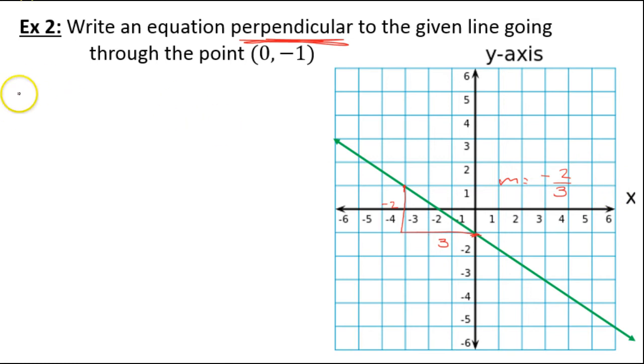So now, to use our point slope formula, which is y minus y sub 1 is equal to m times the quantity of x minus x sub 1. Well, this is the point that we need. We have our point (0, -1), and our slope, since it's perpendicular, we have to do the opposite reciprocal.